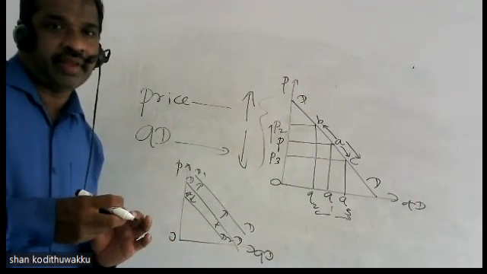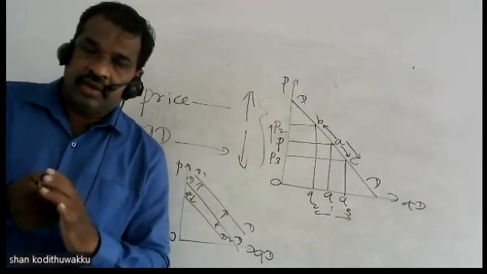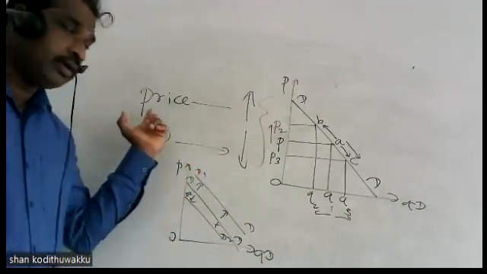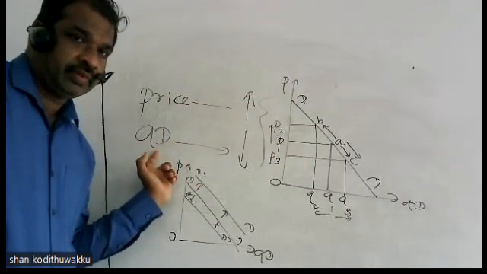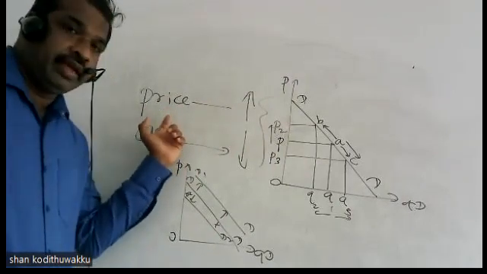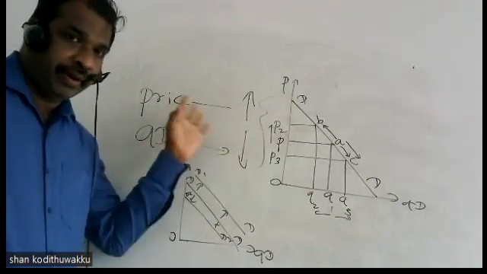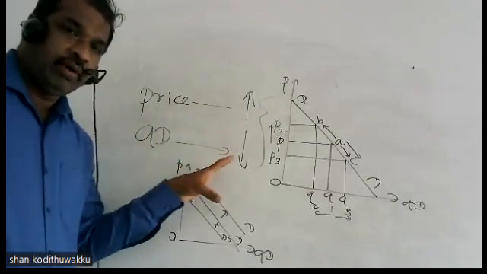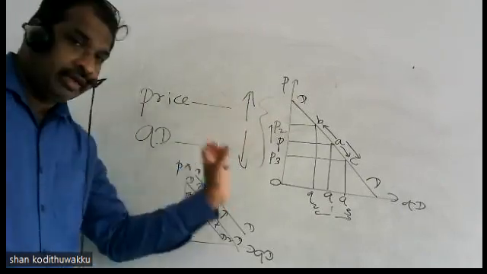For this answer, you have to briefly explain: if there is an increase in price of the product, there will be a decrease in quantity demand. If there is any decrease in price of the product, there will be an increase in quantity demand. Because of price, there can be only a change in quantity demand, not a change in demand.